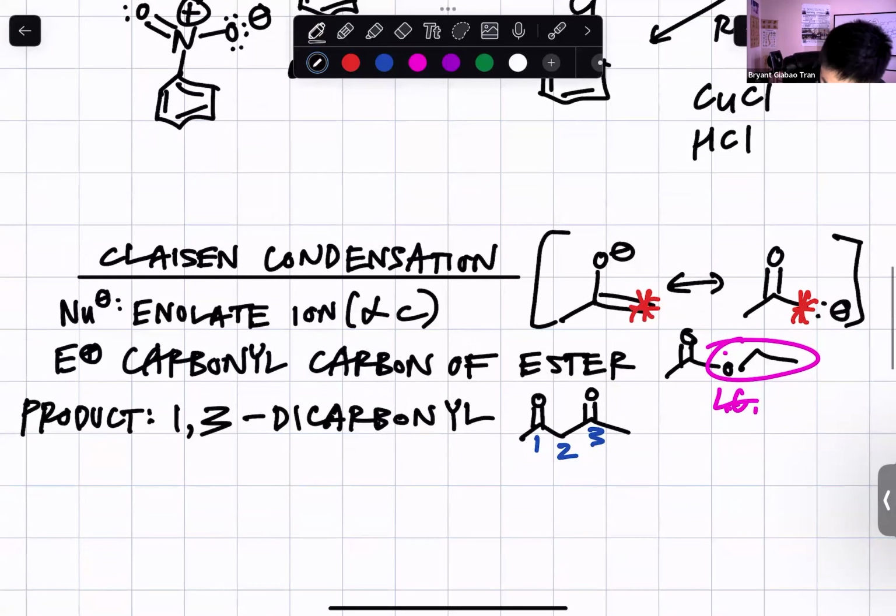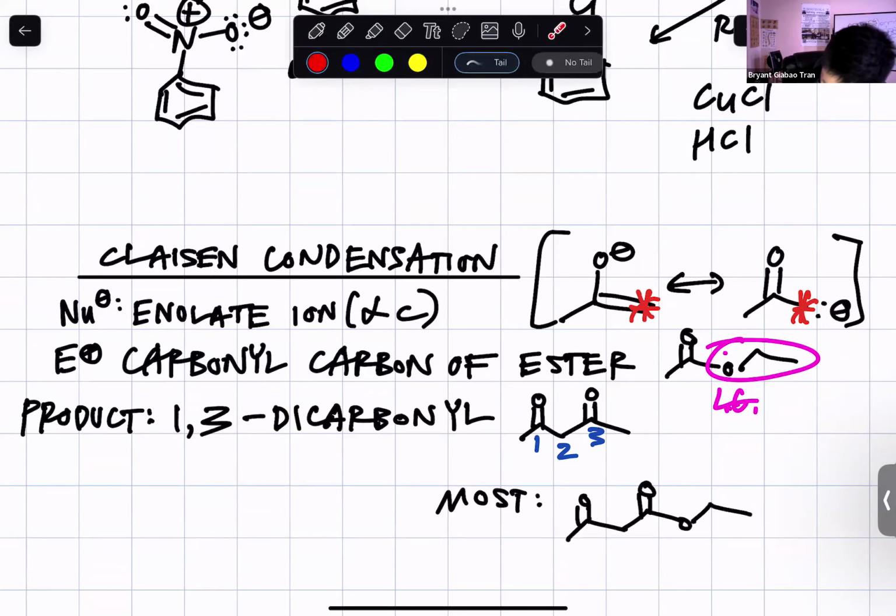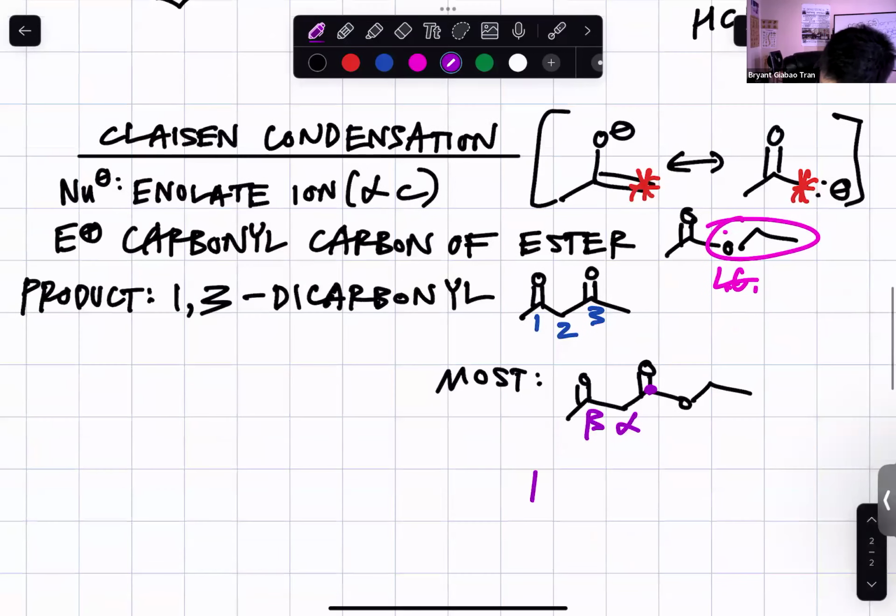And in most Claisen condensation products, it is going to be a beta keto aldehyde or ester, meaning that one of the carbonyls will be an ester, like that. Where if this was the carbonyl carbon, this is the alpha carbon, that's the beta carbon, we could call this a beta keto ester.